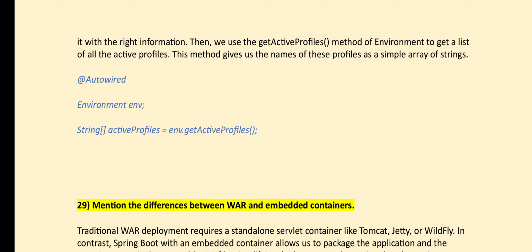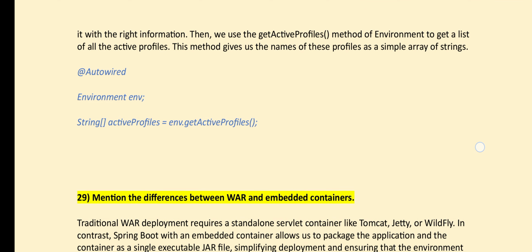Then we use the getActiveProfiles method of Environment to get a list of all active profiles. This method gives us the names of these profiles as a simple array of strings. For example, @Autowired on a property Environment env, and then String[] activeProfiles equals env.getActiveProfiles().